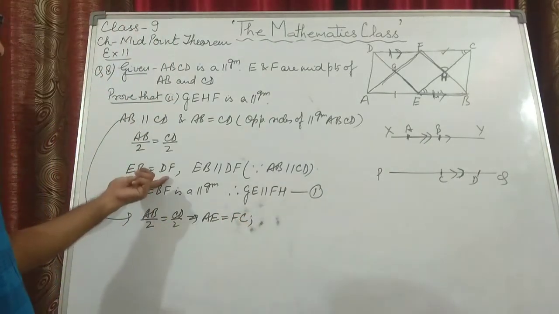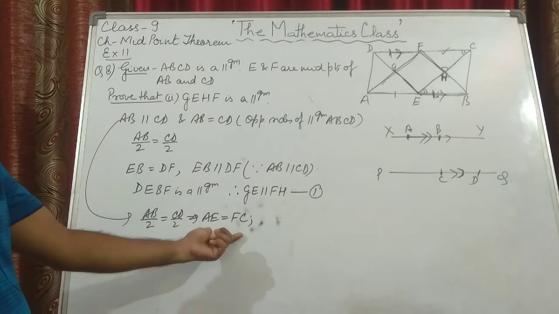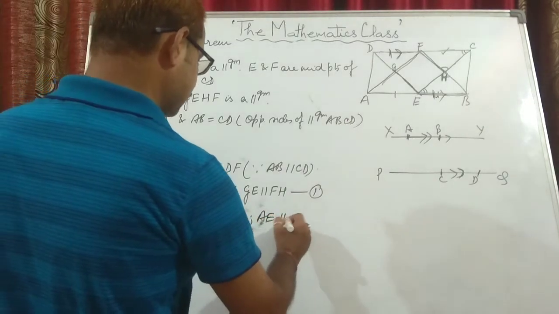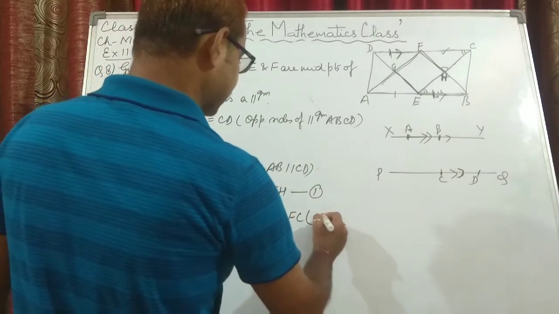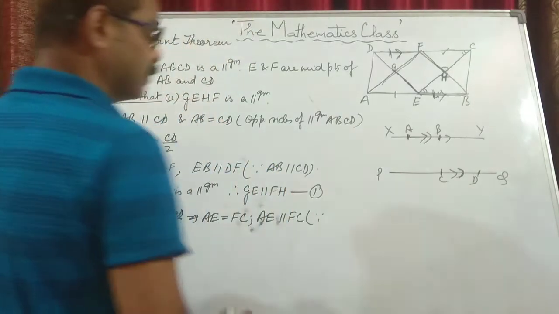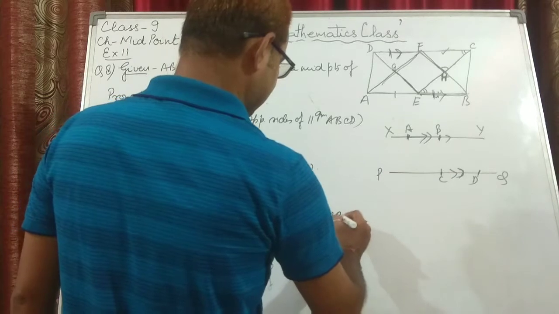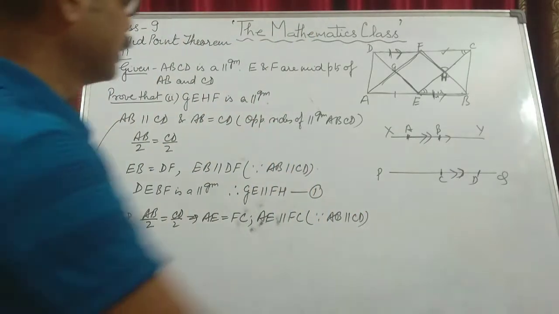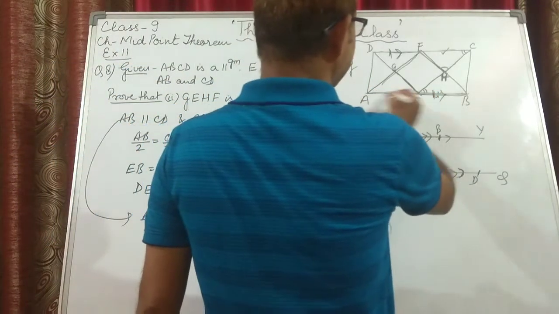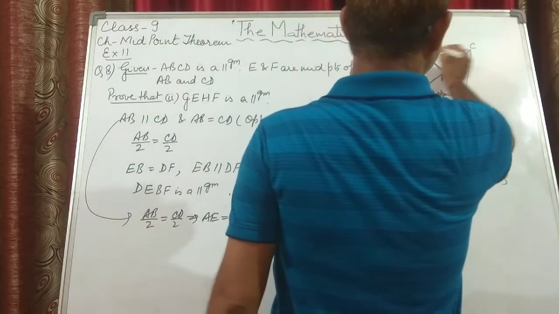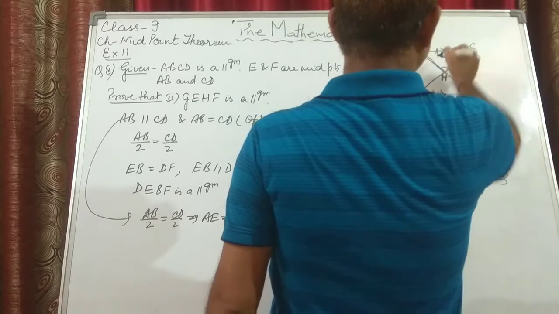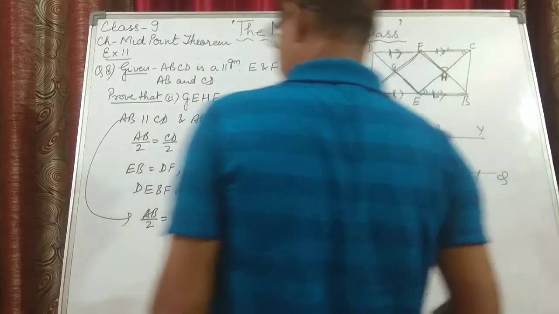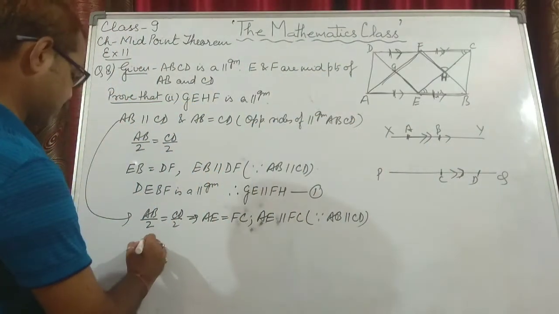Here we proved EB and DF, here we are proving AE is equal to FC. At the same time, you can say AE is parallel to FC. Why? Again the same reason, AB is parallel to CD. Now, if AE and FC are parallel and equal, it means that AECF is a parallelogram.